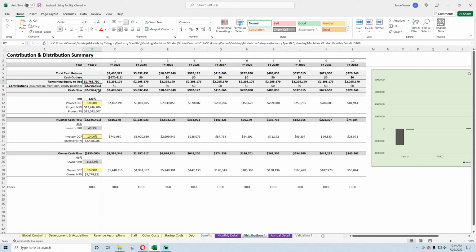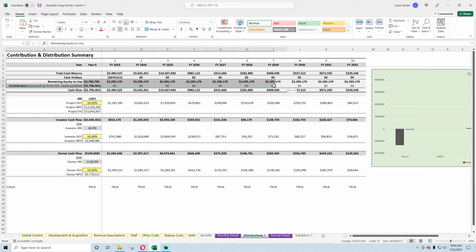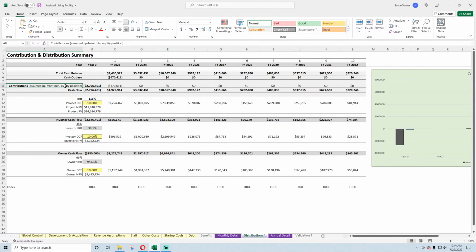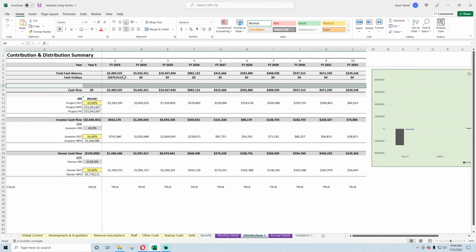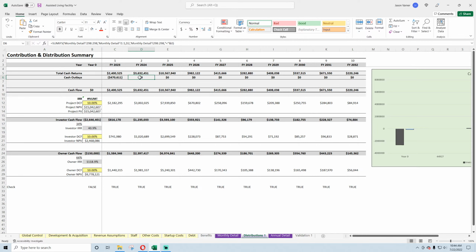Okay, so now we don't need remaining equity and contributions, because we're actually going to assume any negative cash flow net for the year is going to be a required contribution. So now we just have cash flow per period. There is actually no year 0 in this case.